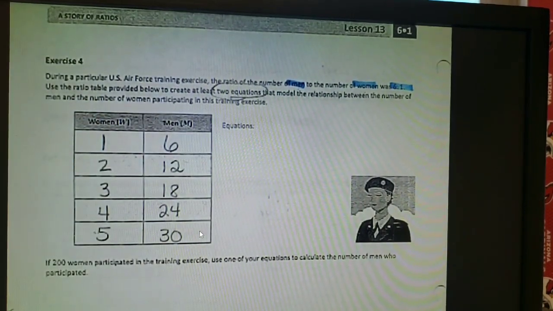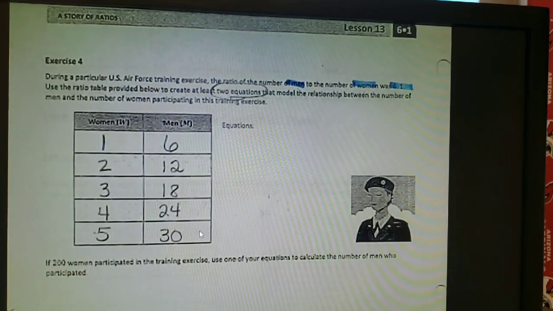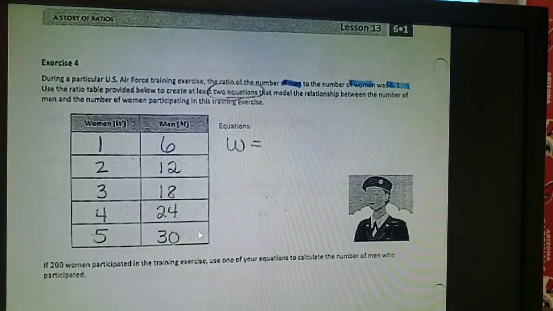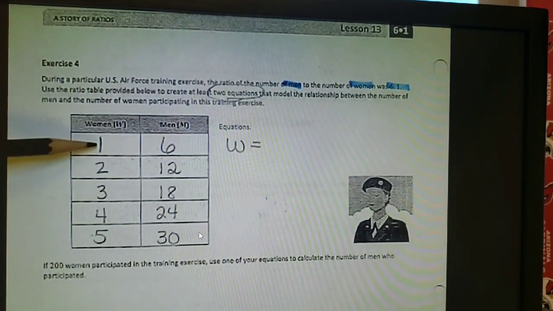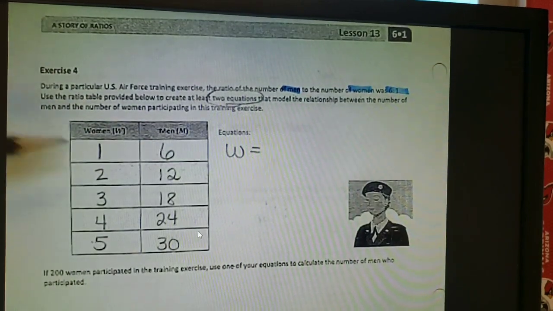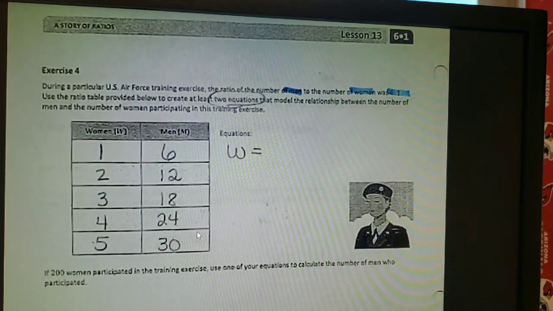Now what we have to do is create the equations. So we can look at our ratio of women to men. If I have women equals, how am I getting from here to here? I'm taking 1 times a number to get to 6.